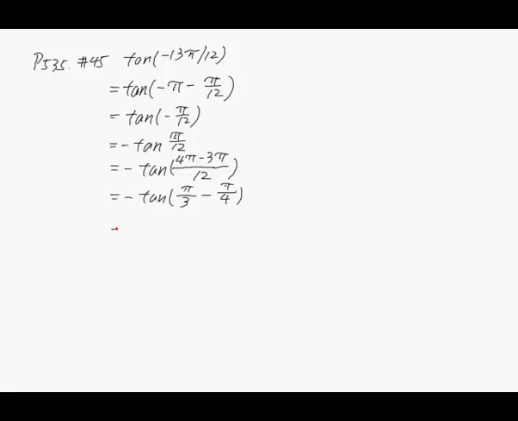So this is equal to negative tangent of pi over 3 minus tangent of pi over 4, divided by 1 plus tangent of pi over 3 times tangent of pi over 4.